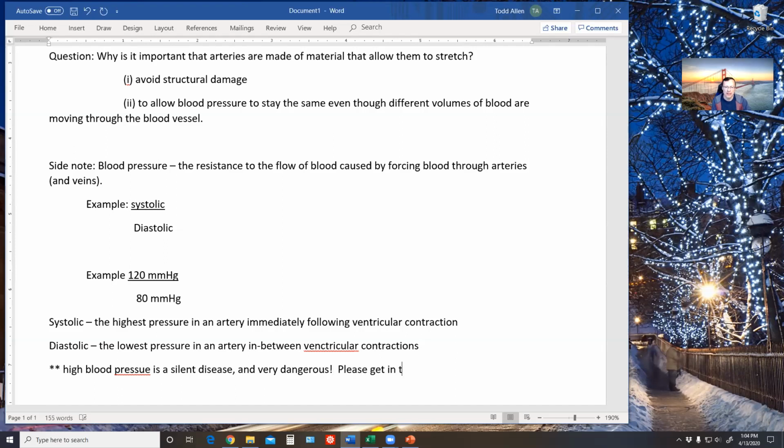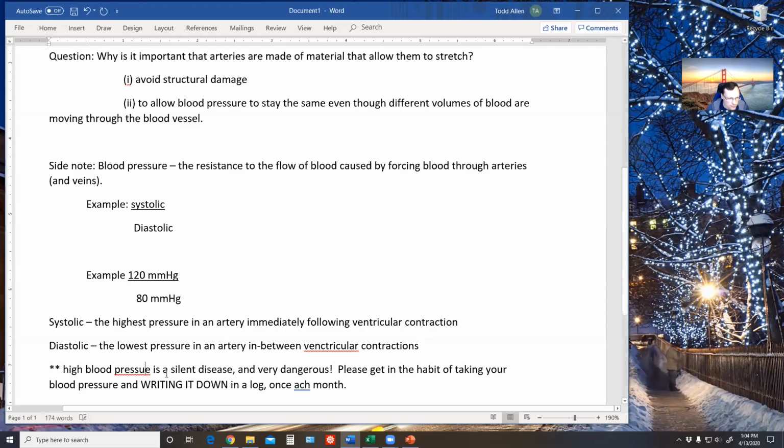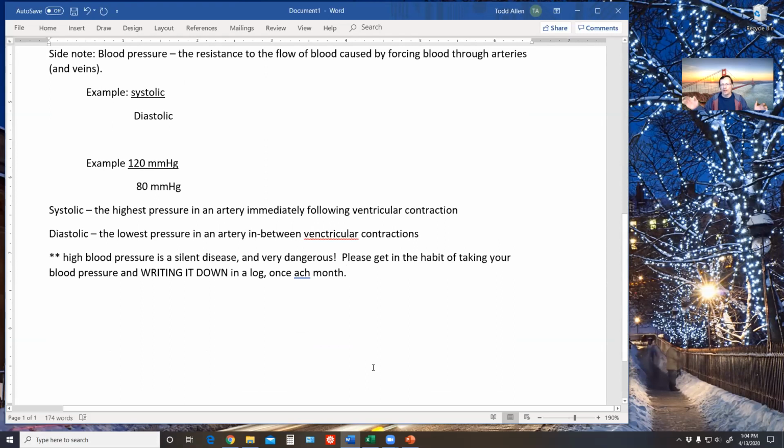Please get in the habit of taking your blood pressure and writing it down in a log once each month. You don't want to have your blood pressure remain high for 10 years and not know about it. It could be doing horrible damage to your body.